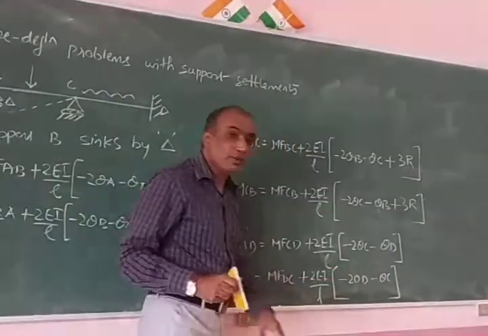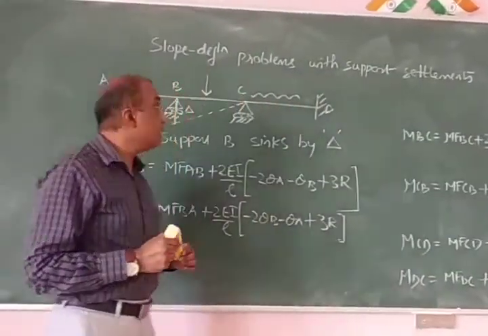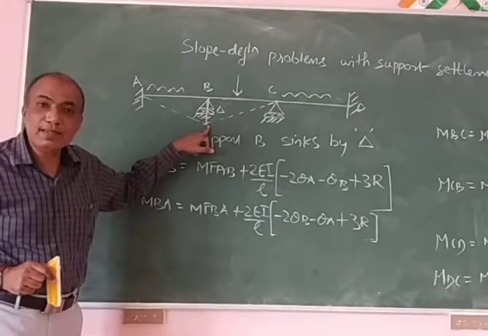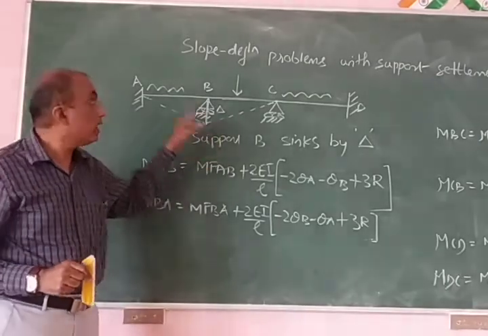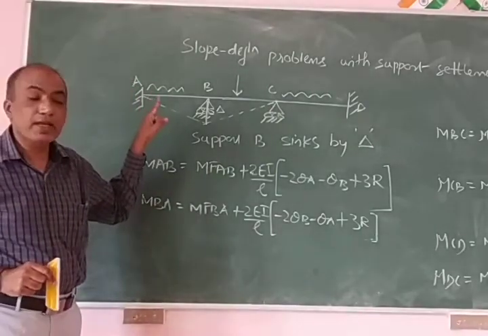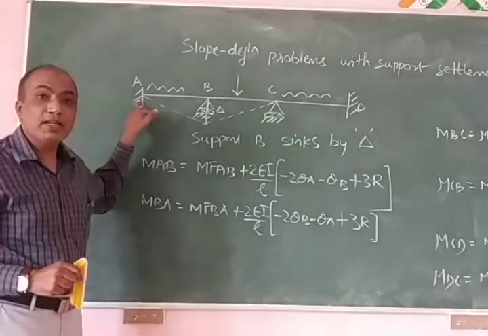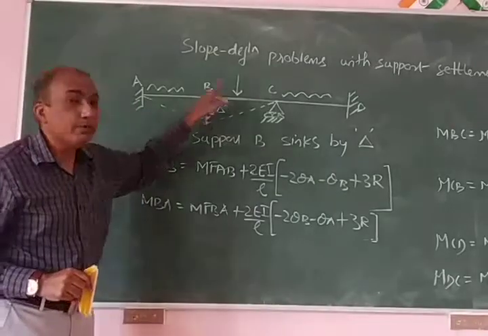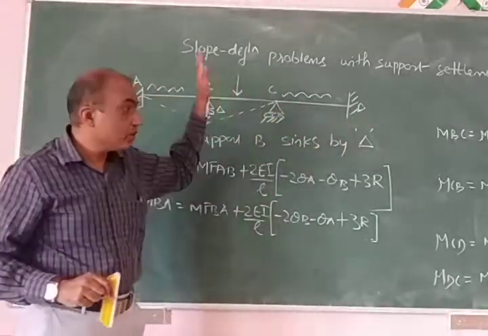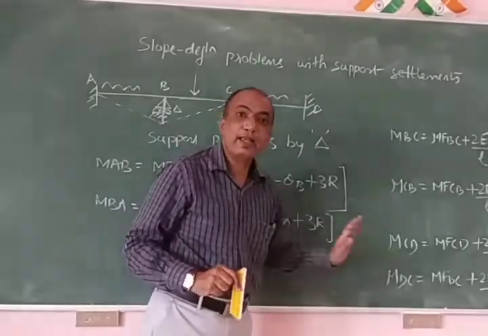But the last 2 equations don't contain 3R. It is because when support B settles or sinks, the spans that are affected are AB and BC. So the additional 3R term is there only for the moments of member AB and member BC, whereas member CD is not affected. So you can see the last 2 equations will not contain R.